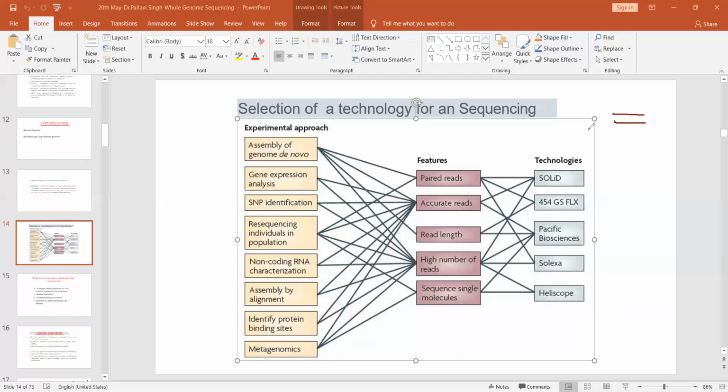But when I take a double stranded DNA, like in NGS, break it into fragments, and use adapters at the ends of these double stranded DNA fragments, these are known as paired reads.